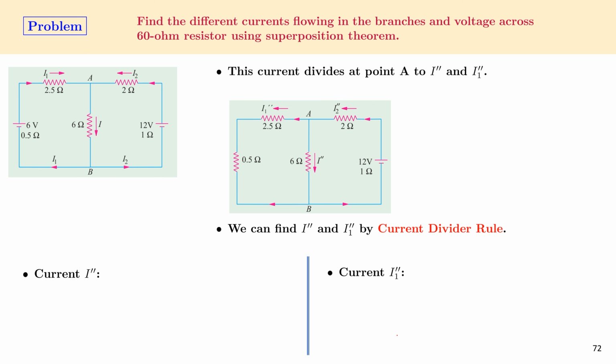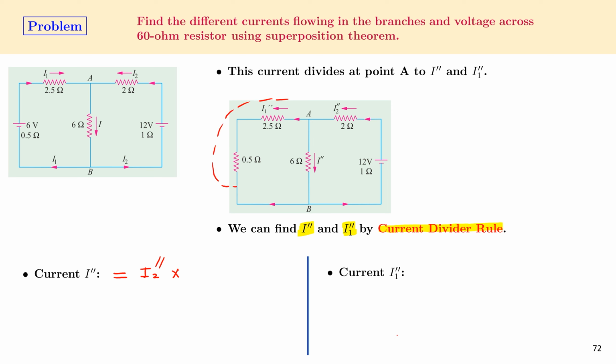We now have to find out the currents I double prime and then I1 double prime by the current divider rule. When we use the current divider rule, we will get I double prime as equal to the total current in the circuit, that is I2 double prime, multiplied by resistance in the other branch.